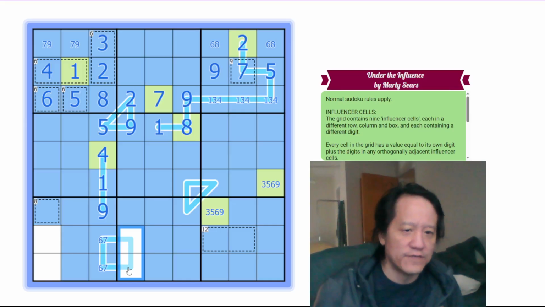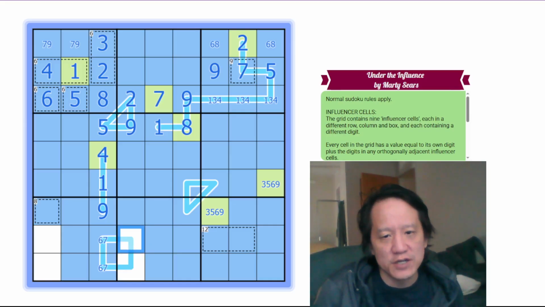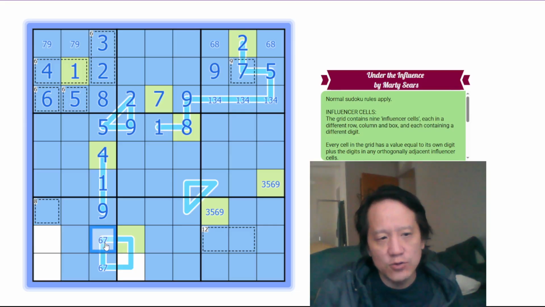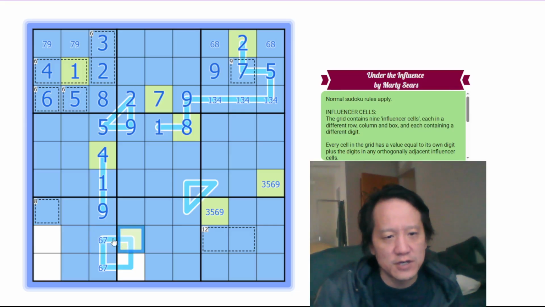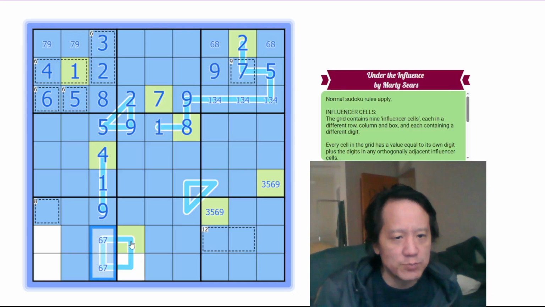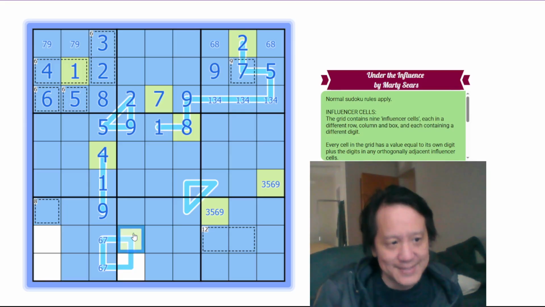That means if this, say this was an influencer, the value of this cell would equal this cell plus that cell, and then this cell would add up with that sum. So that would be these two cells plus that cell. The value of these two cells, this cell would be just itself. This cell would be that cell and that cell.